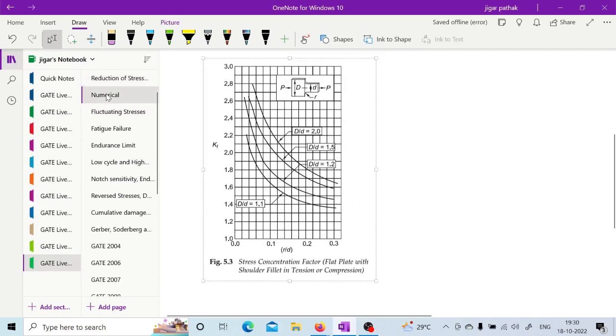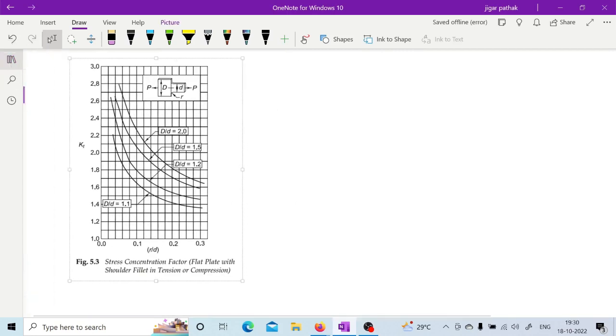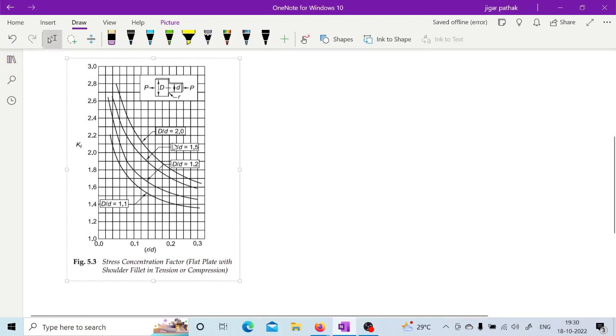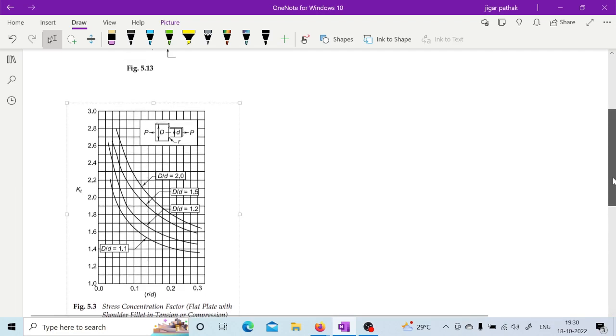So once you are done with this, this figure 5.3 is showing the shoulder in a plate, as we have discussed. Here again you can see the theoretical stress concentration factor Kt plotted for different geometries.